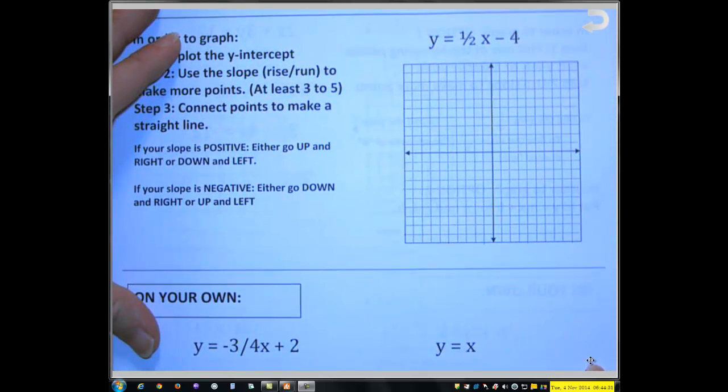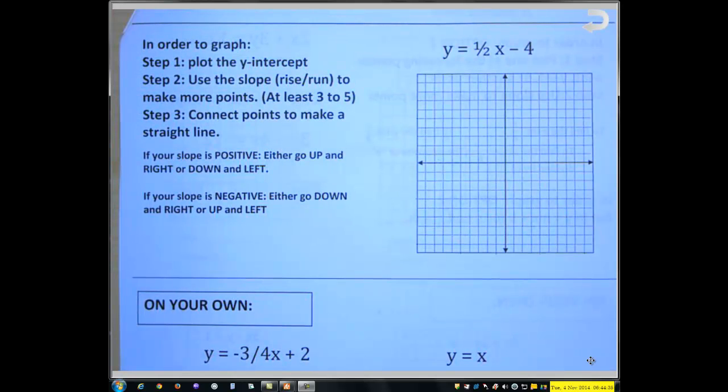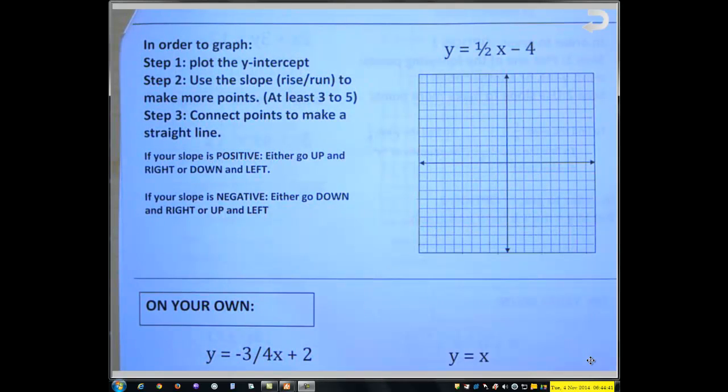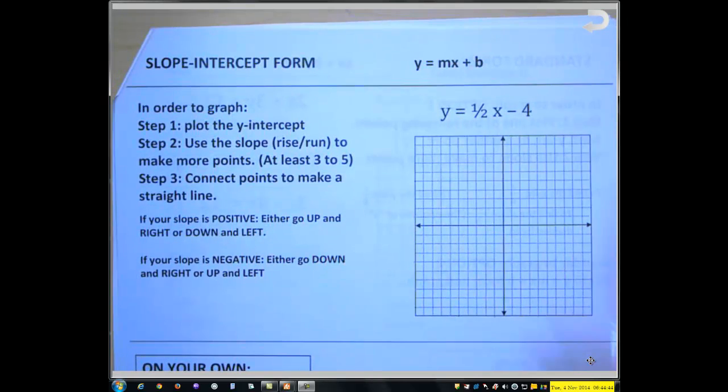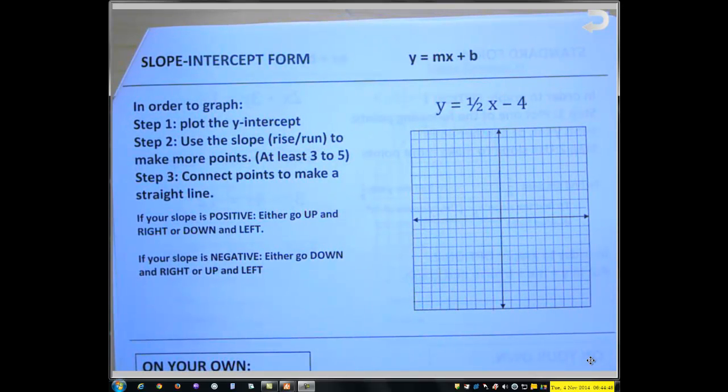The last type of line we're going to learn to graph today is when we're given an equation in slope-intercept form. This equation right here is in slope-intercept form. We call it slope-intercept form because it helps us to identify our slope and our y-intercept.